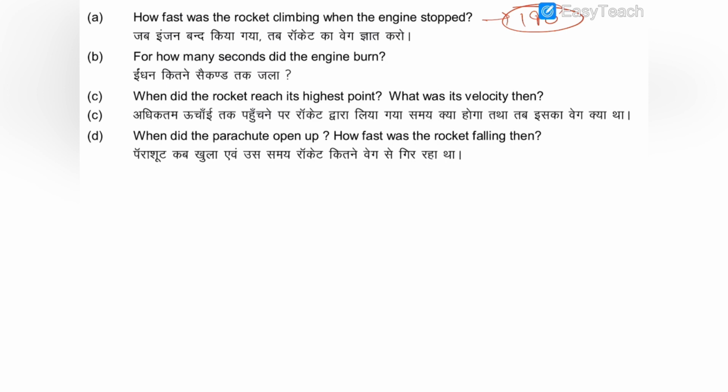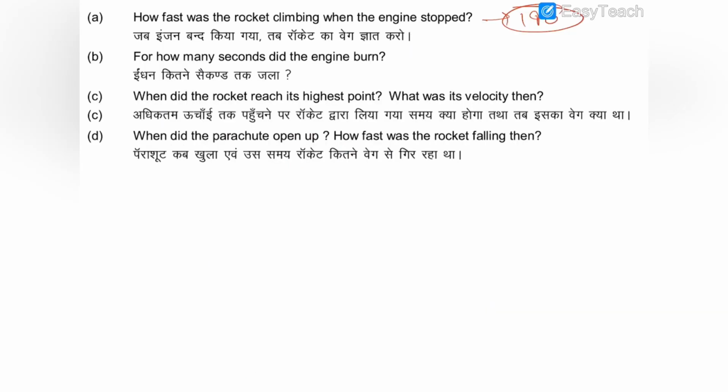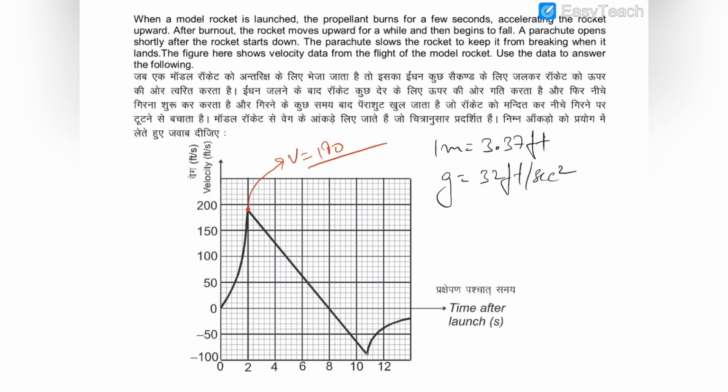Now, for how many seconds did the engine burn? You can see that for 2 seconds the fuel burned. So the correct answer is 2 for this one. And when did the rocket reach the highest point, and what was the velocity at that point? At the highest point velocity is 0, and you can see that there are 5 blocks, 1 2 3 4 5, within the 2 second span.